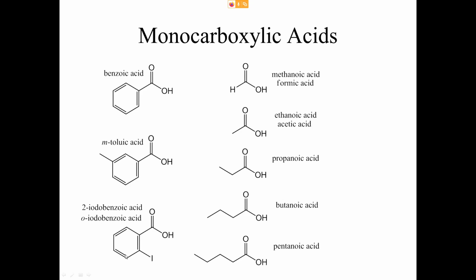And then these would be 3, and this one would be 4 if there was something attached there. So to put an iodine out here as an iodobenzoic acid, I need the 2 because it could have been on 3 or 4. Can't be on 1, obviously. You can also call it ortho, which means the same thing as having something on 1 and 2. So ortho can take the place of 2 because this is a benzene ring. Right? It can also be meta, it can be para, depending on its position.